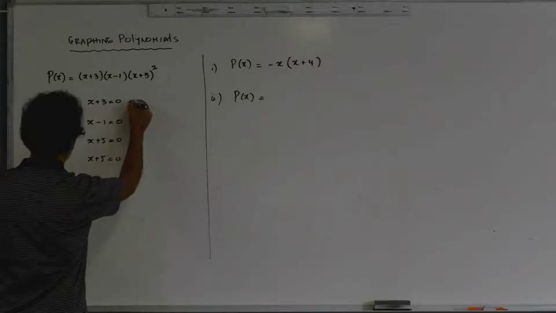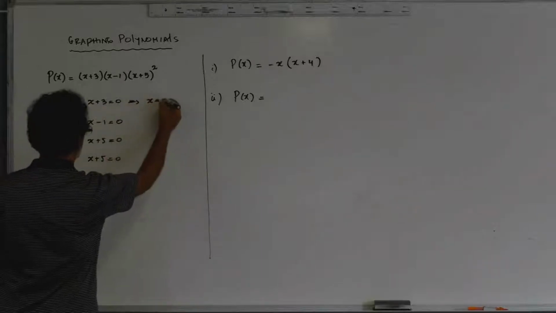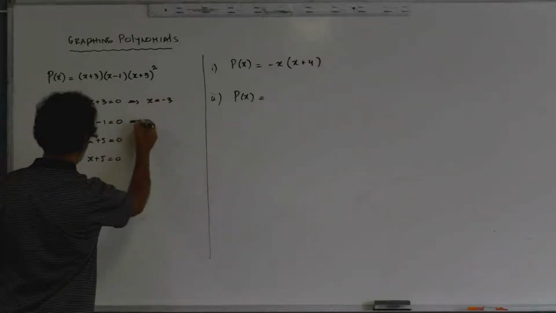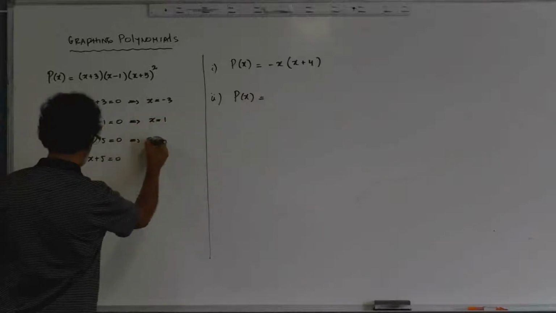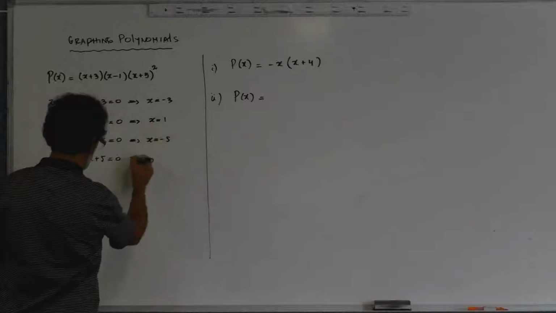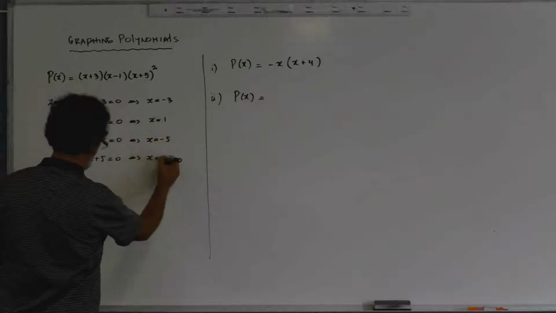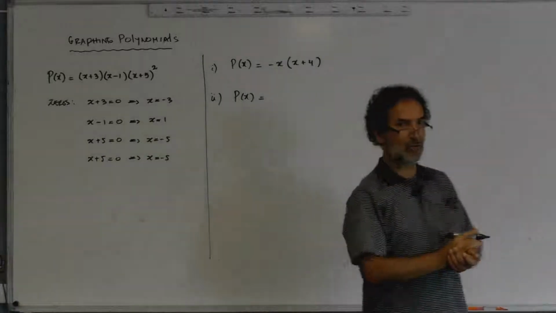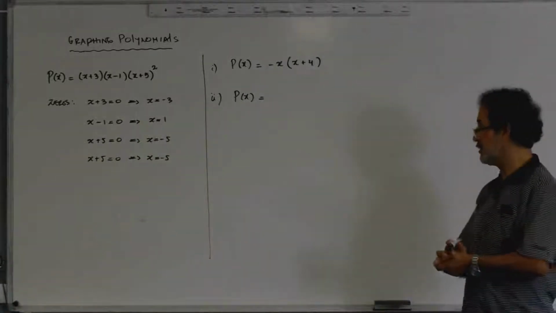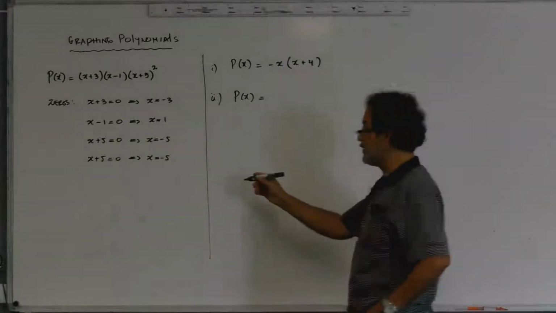So this implies x equals negative 3, this implies x equals positive 1, this implies x equals negative 5, and the other one also goes there. Now, does it go through 0? No, obviously not. Okay, and then you do the picture.